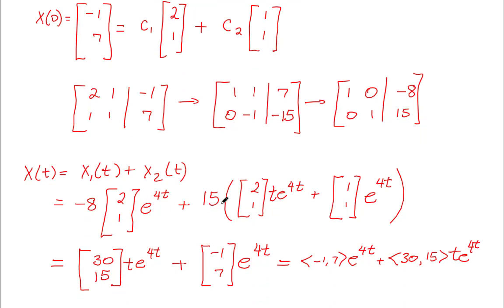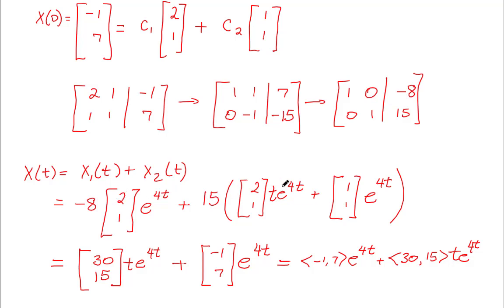Alright, well let's see, 15 times 2 is 30, 15 times 1 is 15, so that's for the t e to the 4t. For the e to the 4t, I've got two pieces, this piece and the second. So let's see, minus 8 times 2 is a minus 16.